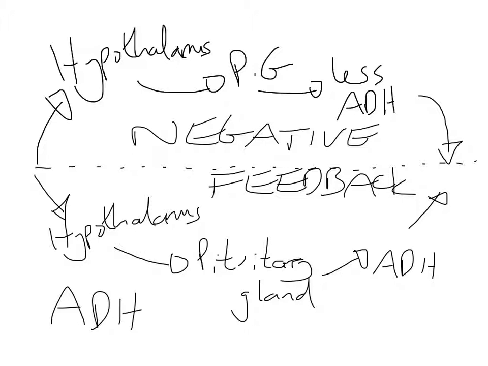So, for example, if there is an increase in blood water content, the pituitary gland releases less ADH, which then results in the blood water content levels decreasing. And oppositely, if the blood water content levels decrease, the pituitary gland releases ADH, which then results in the blood water content increasing again.